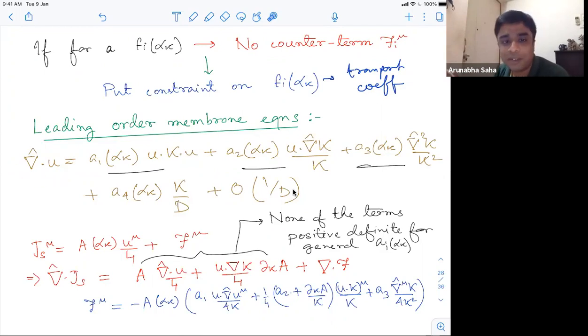Even though I said that for the examples I know there is no leading order entropy production, suppose I don't know for all theories, maybe there is some theory where there is a leading order entropy production. The objects that could have contributed there are these four possible terms. And even this term is not really independent. You can use the vector membrane equation to get rid of this. That I will show later.